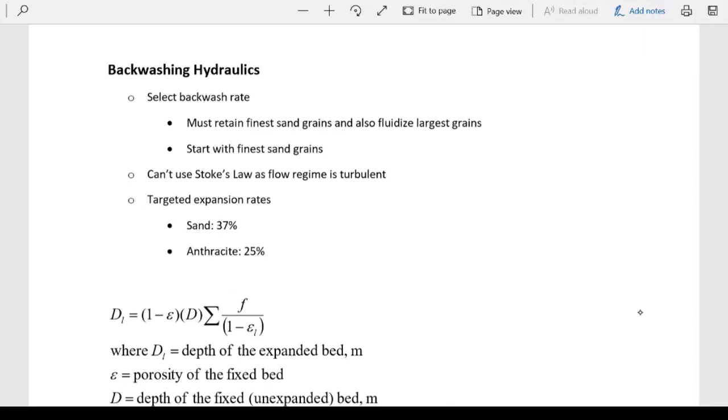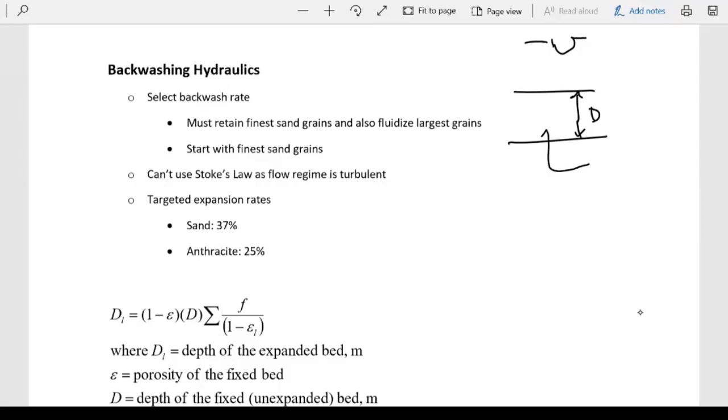filter, we need to calculate the backwash rate. The criteria for that is that we need to retain the finest sand grains. So if you remember, we have a depth of our filter. We have the gullet here. We need to fluidize this bed.